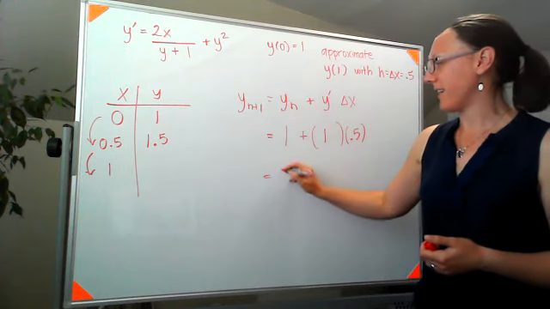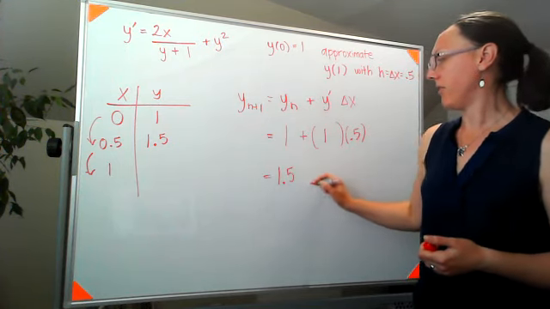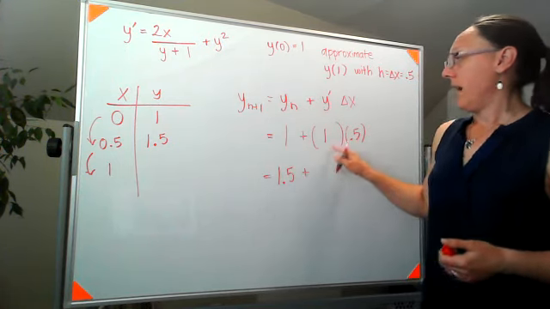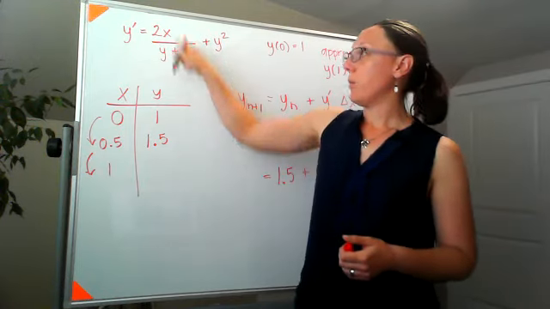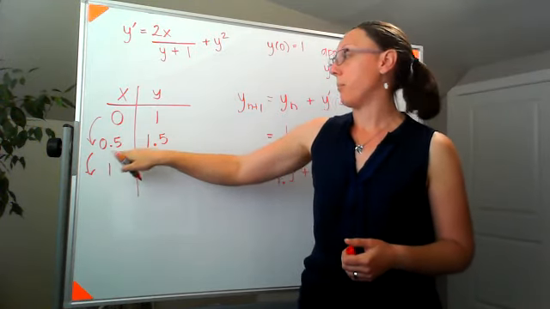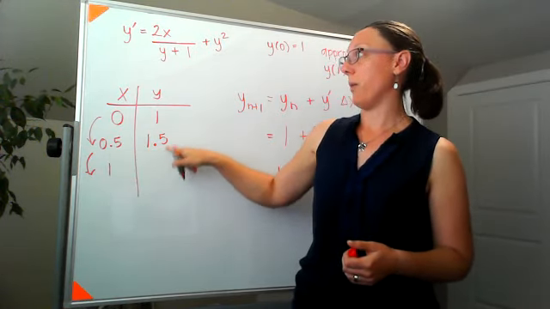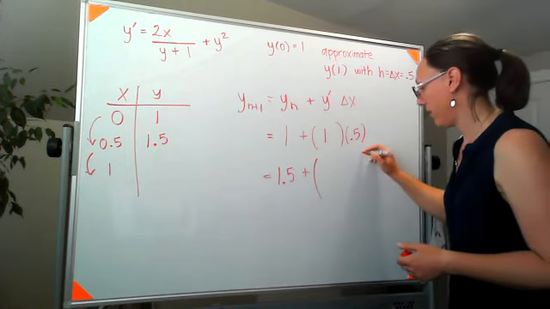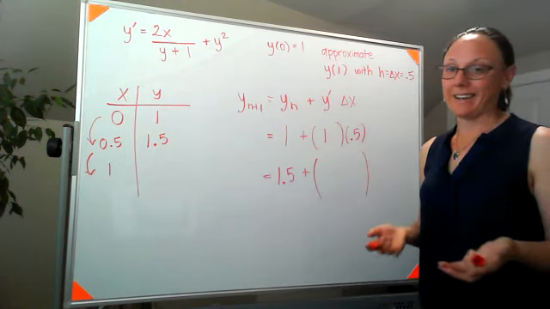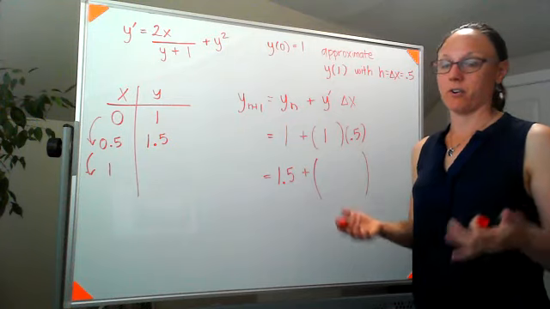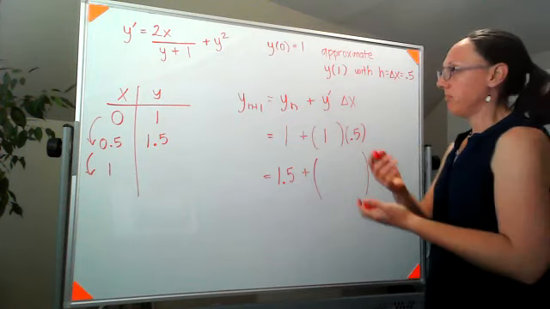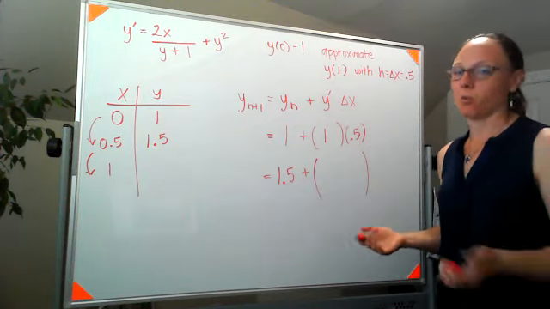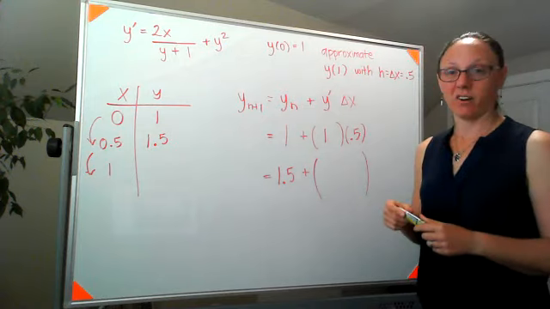So now I'm standing at 1.5. I need to know my y prime when I'm at the point 0.5, comma 1.5. So it's not going to be pretty on my y prime, which is why typically on an exam, if you're not allowed a calculator, you're only going to do a couple steps of Euler's method because it gets ugly in a hurry.